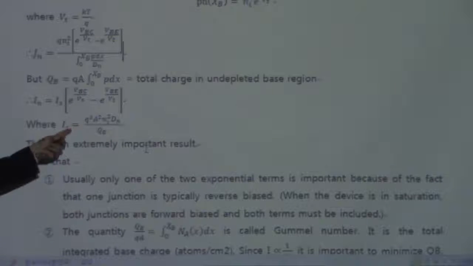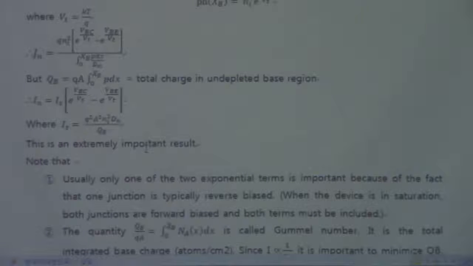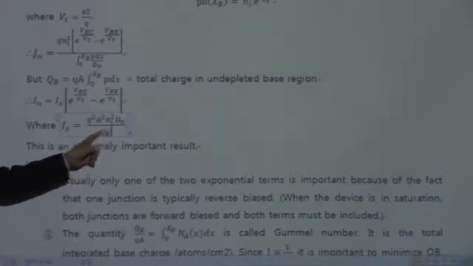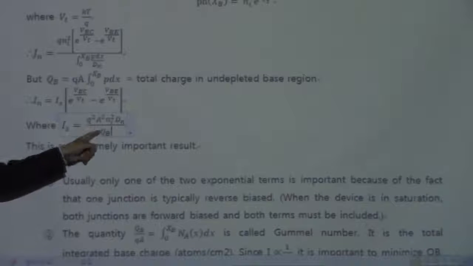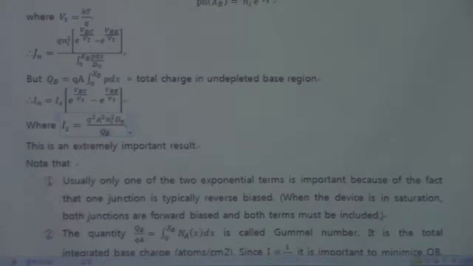Okay, and then this saturation current is going to be equal to this number here. And then the QB is the total charges of boron in the base. It's simply the total charges.